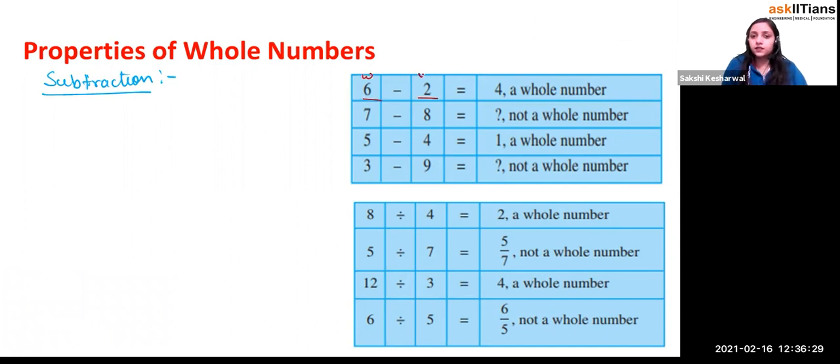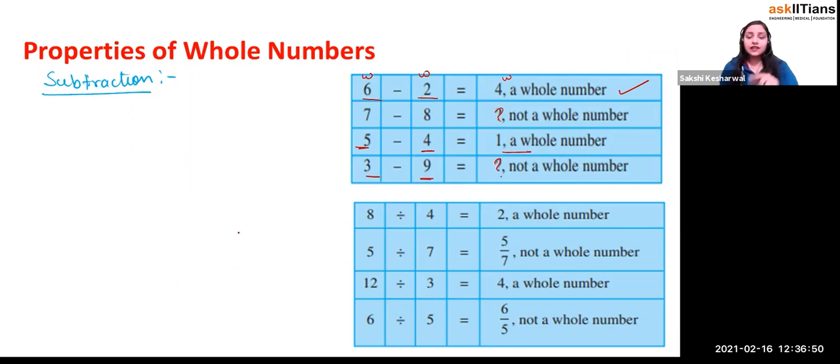This is a whole number, this is a whole number, and the answer is again a whole number. Yes. But if I say 7 minus 8, this is not a whole number. Later on, we'll be learning that this equals minus 1, which is an integer, right?